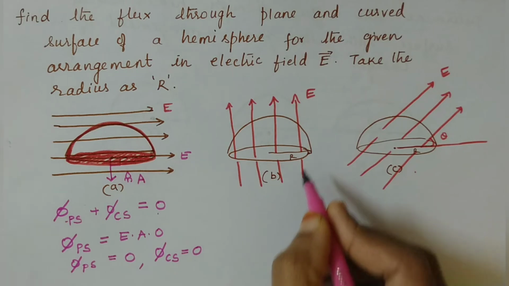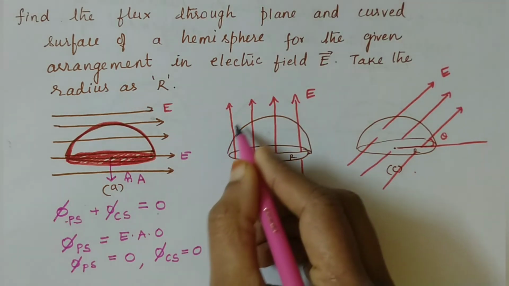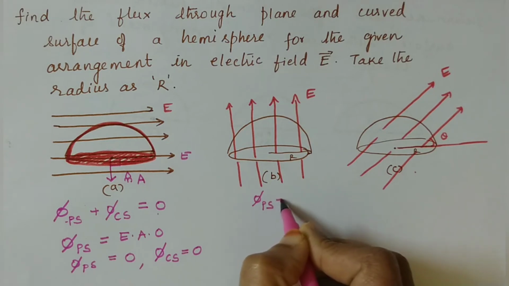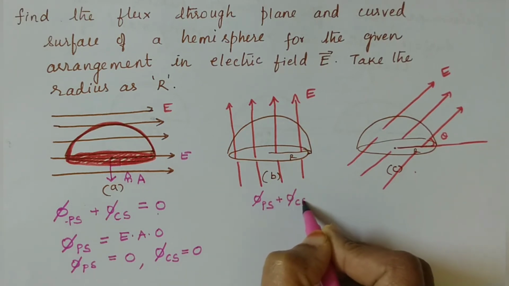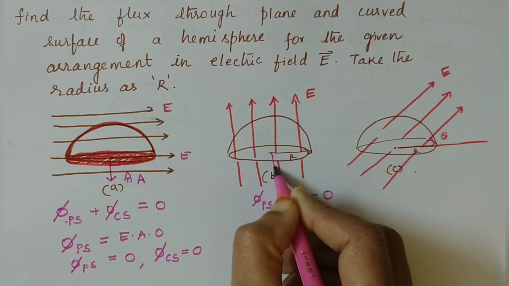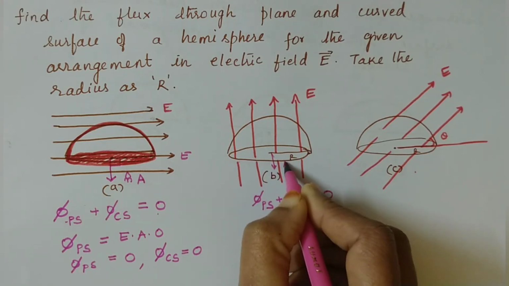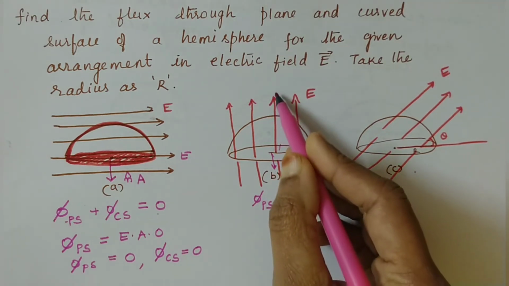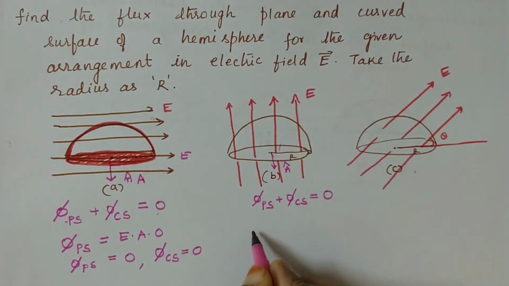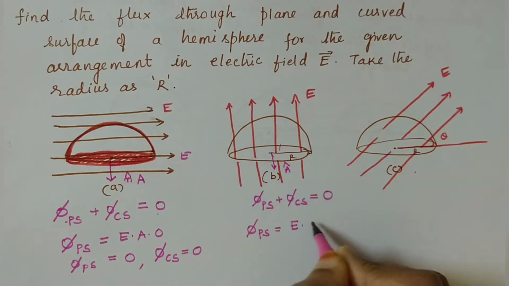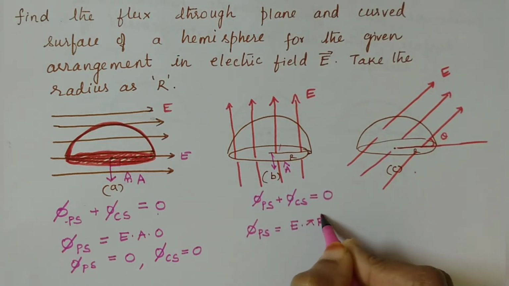Now come to this case. Again, no charge is enclosed by this hemisphere. So flux through plane surface plus flux through curved surface must be 0. For the plane surface, this is your area vector. And electric field is acting upward. So flux through plane surface is E into the plane surface area, which is pi r square.